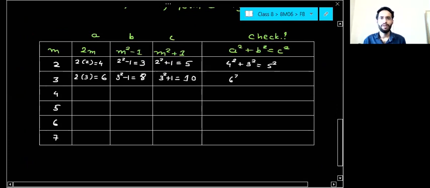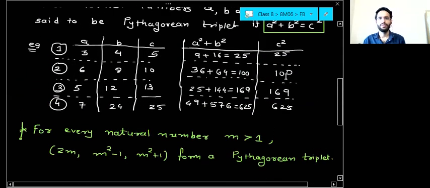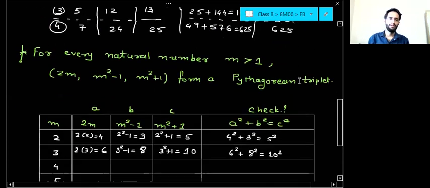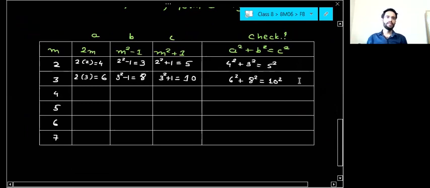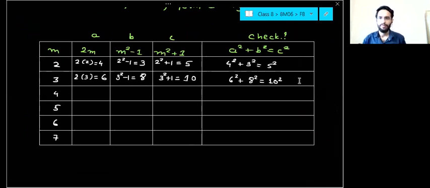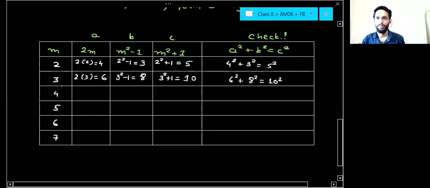So this also we have verified: 6 square plus 8 square equals 10 square. Please give me some response. Are you getting it, students? Yes, sir. Very good.